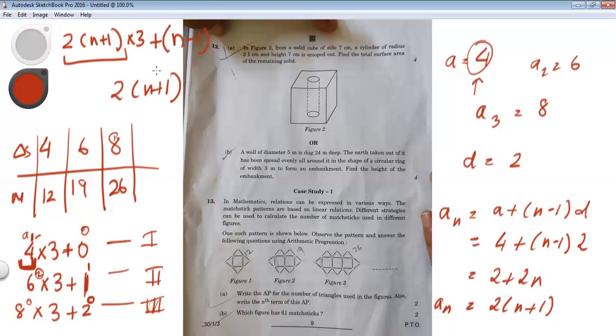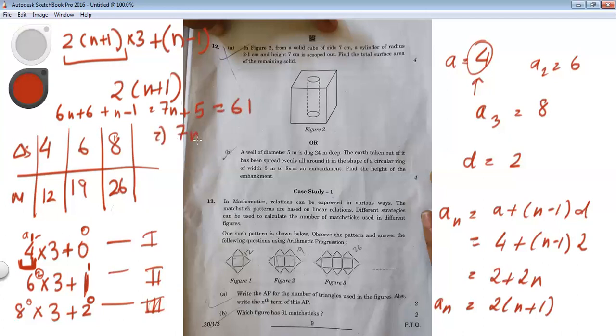So therefore, this gives you 6n plus 6 plus n minus 1. So this will give you 7n plus 5. Now 7n plus 5 should be equal to 61.